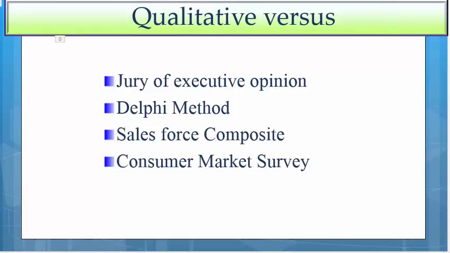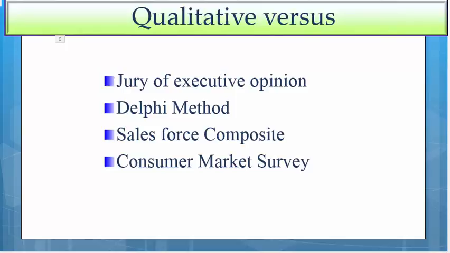The Delphi method uses 3 distinct types of people. They use decision makers, usually 5 to 10 experts. They use some staff people, and they use respondents. So these are people for whom we value their judgment. So they're not just random customers, they're specific people who know something about the product.